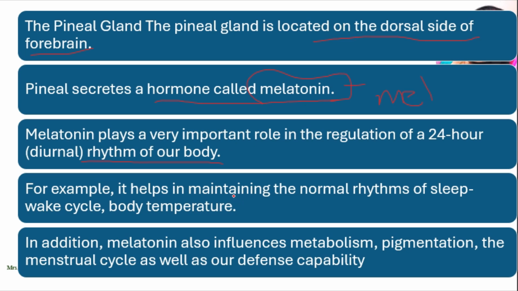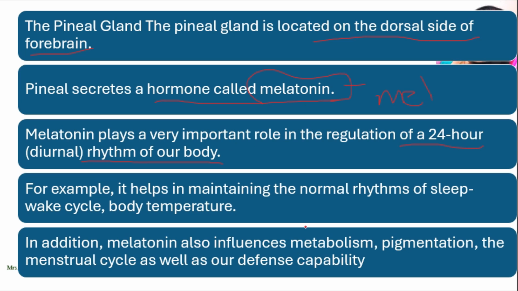The circadian rhythm or diurnal rhythm of our body is regulated by melatonin. What is the circadian rhythm? It is 24 hours. Morning as well as night time, our body is under the control of melatonin.